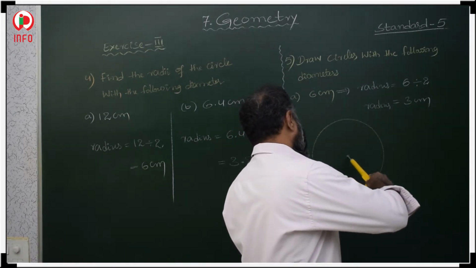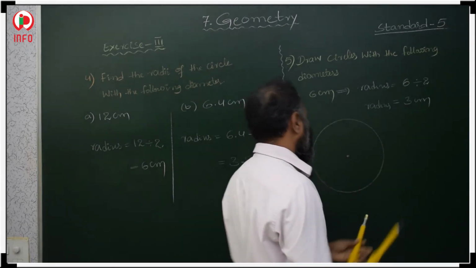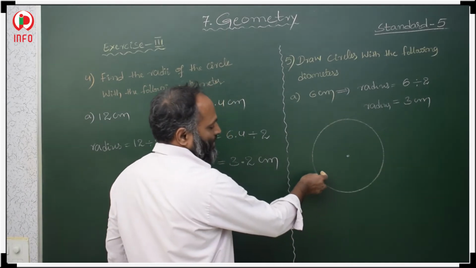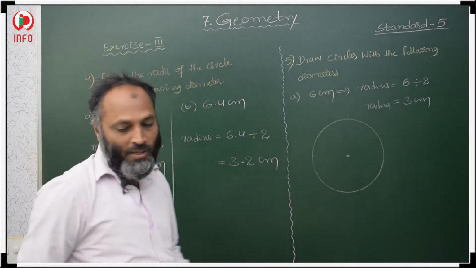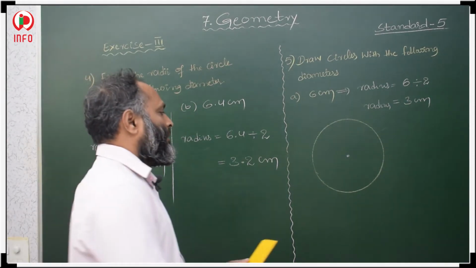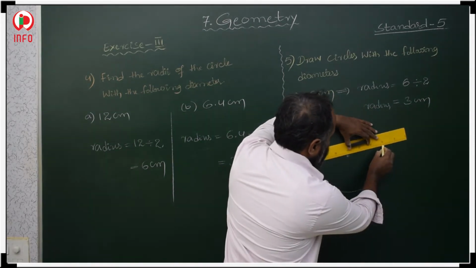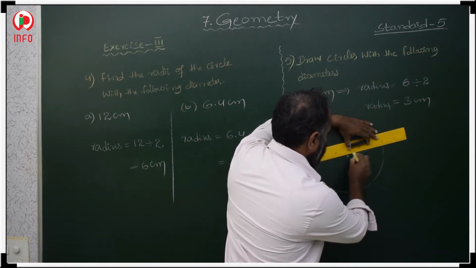Then you will form a circle of 3 centimeters radius. So this circle which you form has 3 centimeters as the radius. Here I am taking a scale because if I take 3 centimeters, it is not visible to you.